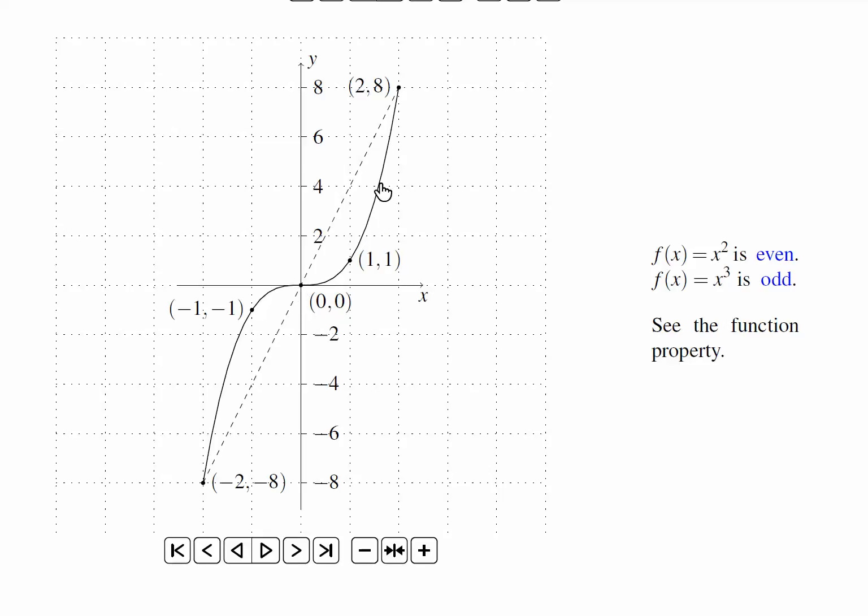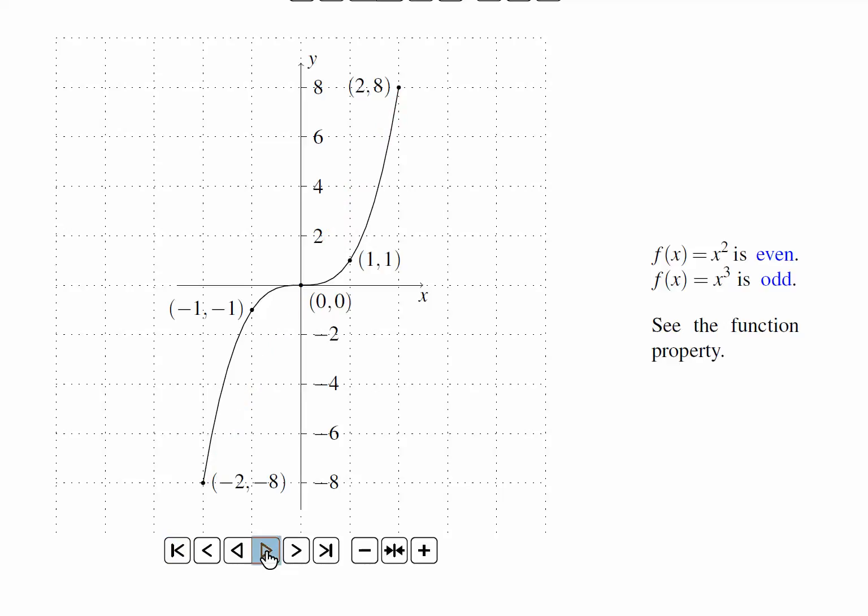Every point on the odd function has this property. So the graph is symmetric with respect to the origin. It means when you rotate this graph 180 degrees it is going to coincide.